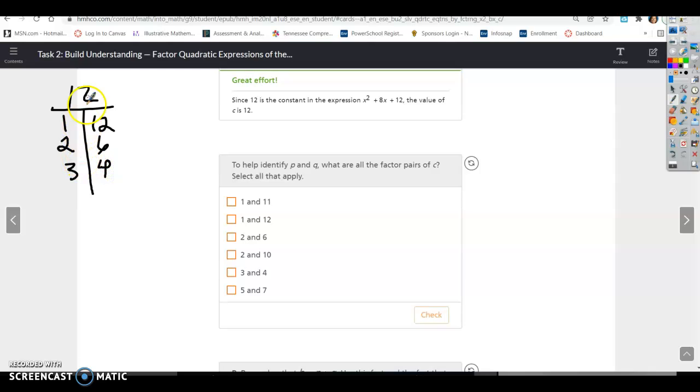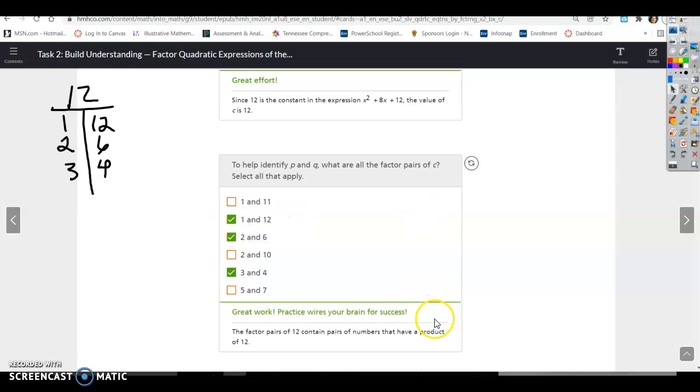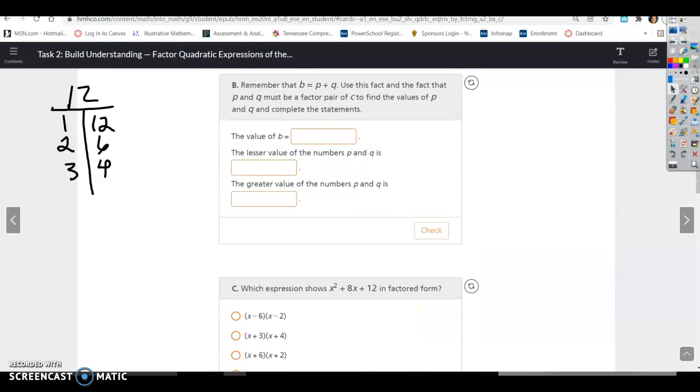All of these multiply together to give me 12. 1 times 12 is 12, 2 times 6 is 12, 3 times 4 is 12. Remember that b equals p plus q. Use this fact and the fact that p and q must be a factor pair of c to find the values of p and q.